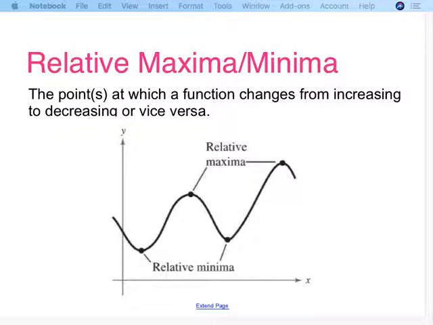So basically, maxima and minima are defined as points where we change from increasing to decreasing.